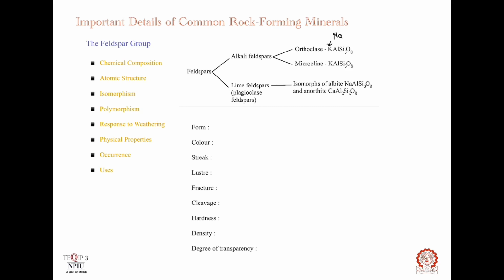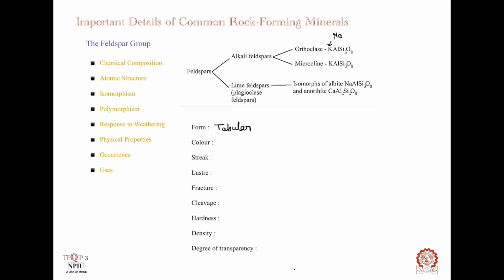Now we look at the physical properties of feldspar group minerals. The form of the feldspar group minerals is tabular. It means the minerals usually occur as slabs of uniform thickness. Color.